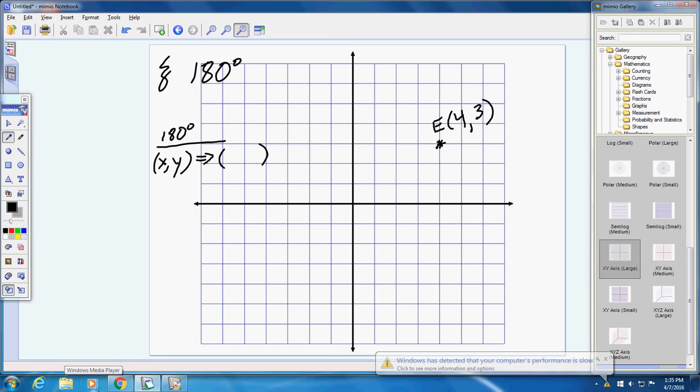What is the ordered pair that you got out of that? -4, 3. So -4, 3. Here's my E prime. Because when you rotate, think about when you take your notes there, Megan, turn your whole page 180 degrees. So turn it upside down and read what the ordered pair is now.